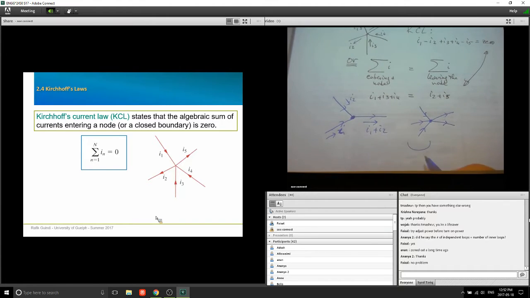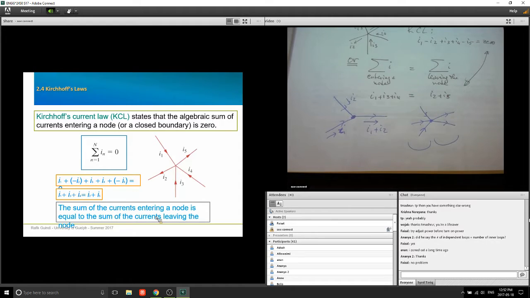All of these that are entering, the sum of all of them has to be equal to whatever is going out. So KCL is intuitive, KCL is easy, it makes sense. And these are the two ways to write that. The sum of the currents leaving the node is the other way that I personally prefer to write. I find it easier to write. Okay. Stopping here. Thank you very much.